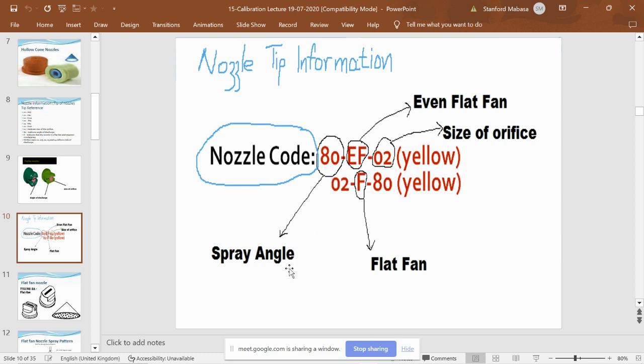Spray angle is 80. 02 represents the discharge, the amount of liquid which is coming through the nozzle. So these are the codes. If you want a nozzle to spray herbicides, you should understand these codes. But sometimes if you go into town and try to look for these nozzles, you may not find these specifications.